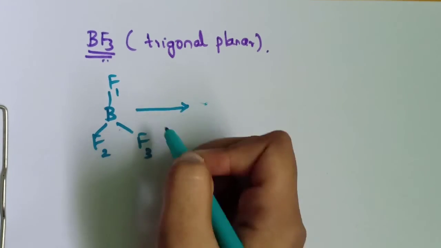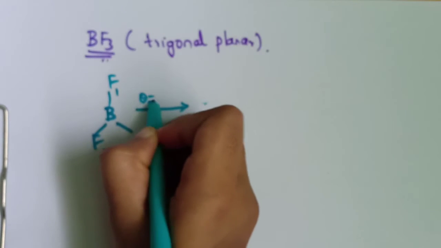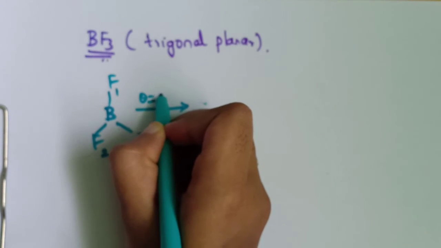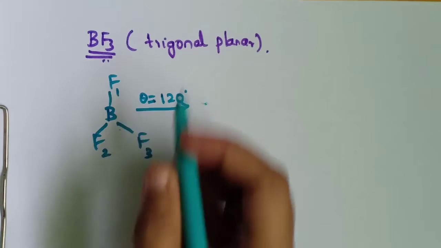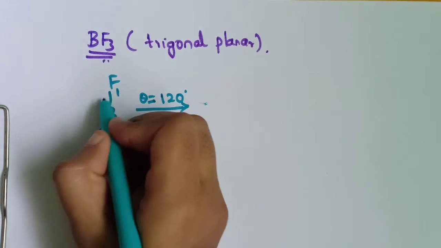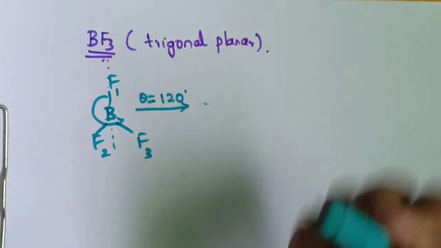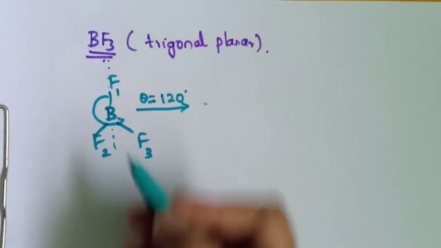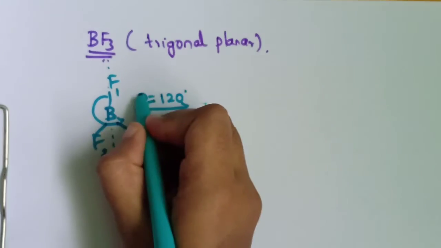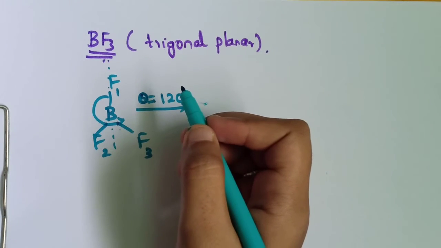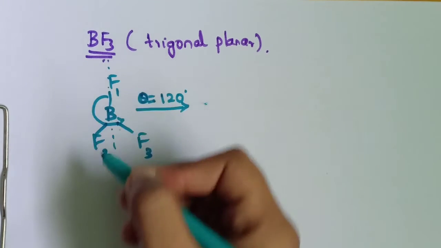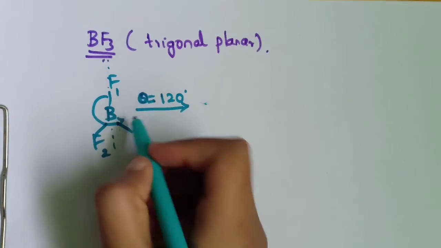Here the angle theta is equal to 120 degrees. So by rotating 120 degrees, the axis passes through and divides the molecule symmetrically. So this F1 will come to this side, this F2 will go to this side. So rotate it like this.